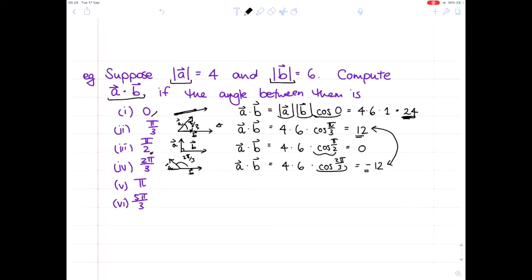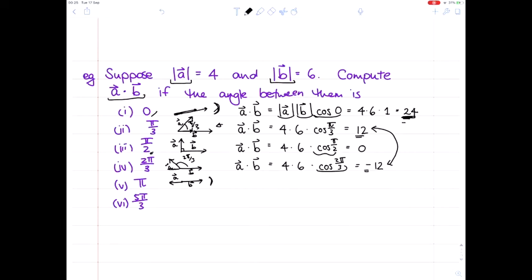Alright, let's have a look and see if our angle between them is pi. Well, that means that A is pointing in one direction and B is pointing in the opposite direction. So if we think about how it compares to our first case over here, where we got positive 24, which says A lies in exactly the same direction as B, now we've got A lying in exactly the opposite direction.